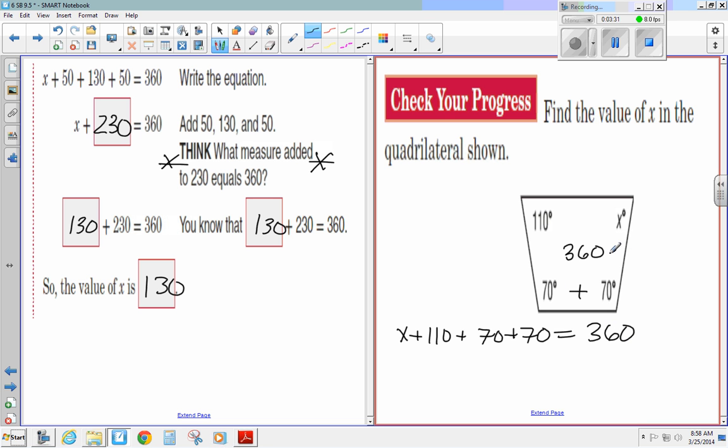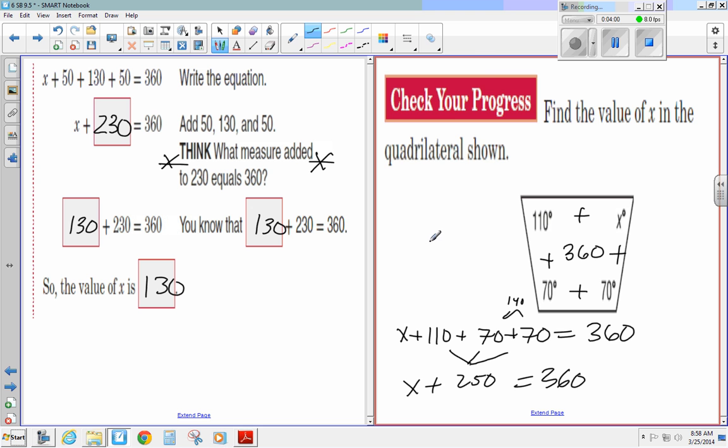All of the angles added together give us 360. So let's go ahead and combine these. Let's see, this is 140 plus 110 is 250. So x plus 250 equals 360.